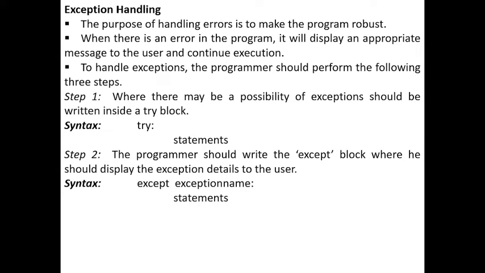Step 1: the code where there may be a possibility of exceptions should be written inside a try block. Syntax: try colon, statements. Step 2: the programmer should write an except block where he should display the exception details to the user. So: except exception name colon, statements. This is the general syntax with the step 1 and step 2 procedures in exception handling.